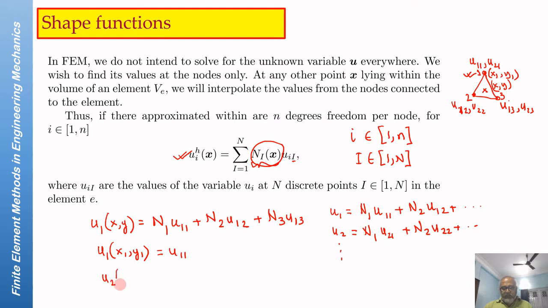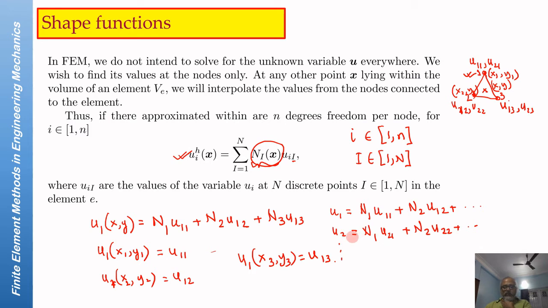Similarly, I should get u1 at x2 y2, where x2 y2 are coordinates of this point. That should give me u12, and then u1 at x3 y3 should give me u13.